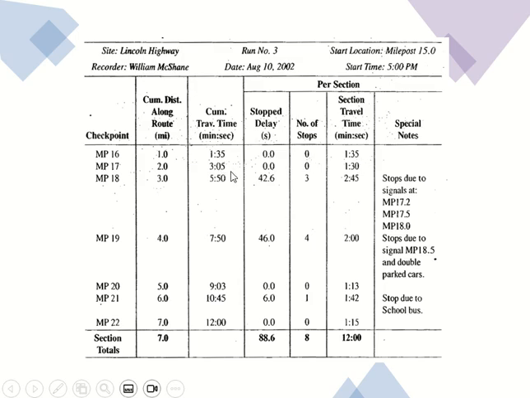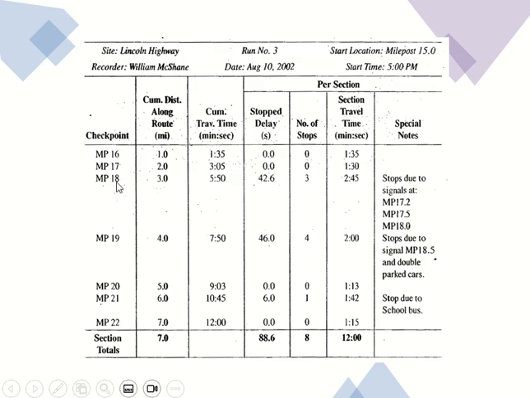Between the next 2 points, delay is 0, the car did not stop, and travel time is the difference of these two. From the start to this point is 3 minutes 5 seconds, from the start to the previous point 1 minute 35 seconds. So I take the difference, I get the travel time for this section only, between these 2 points only.